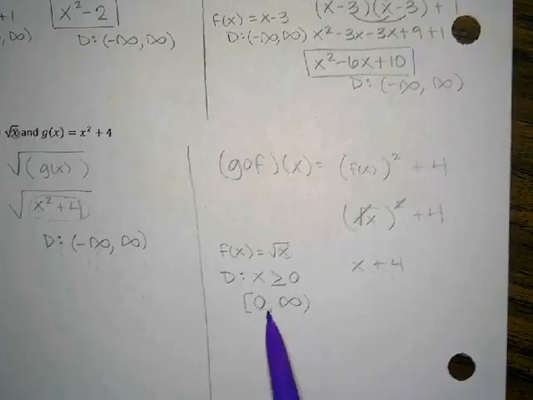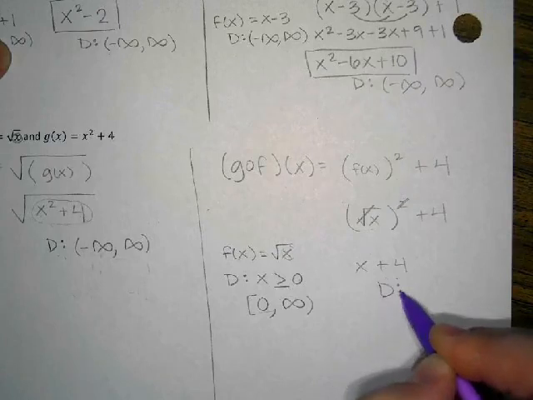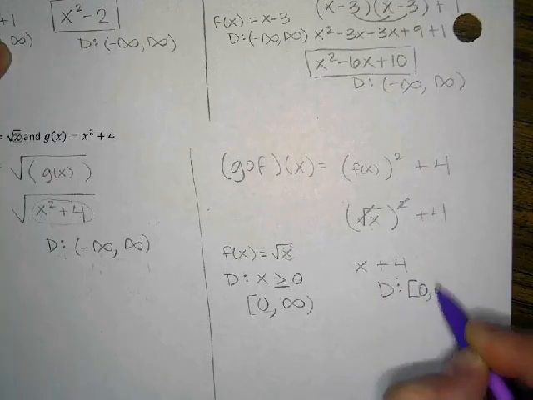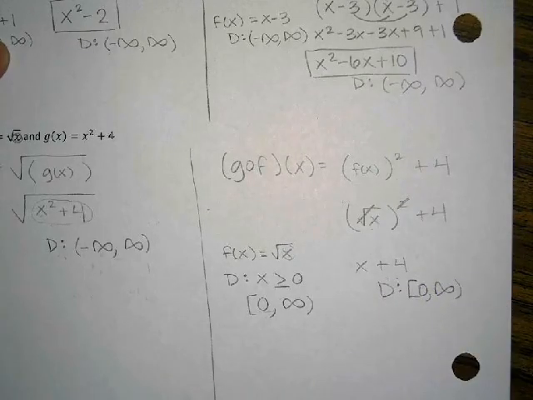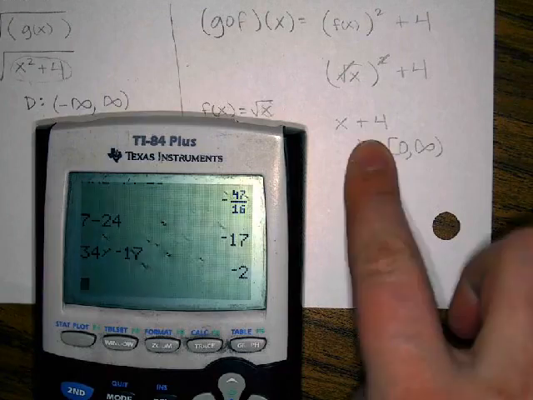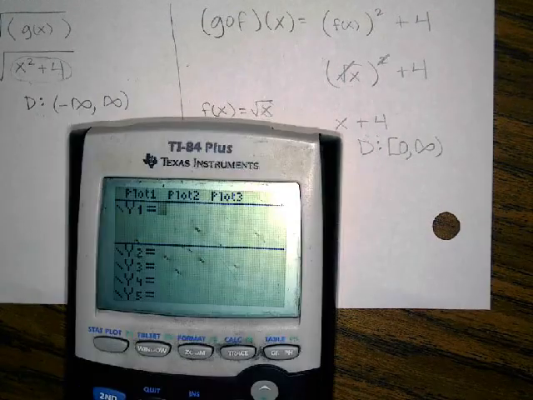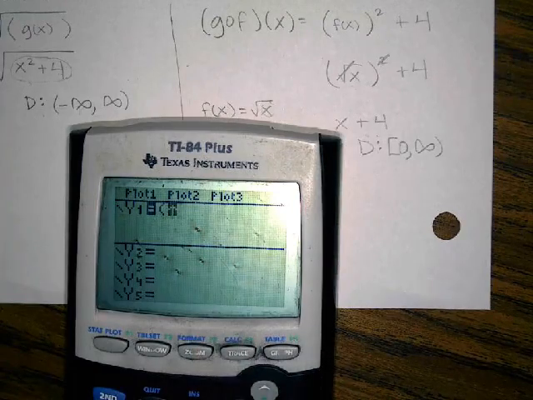In fact, if you actually graph this, you'll be able to see that on the graph. So I'm not going to graph x plus 4 because that was the simplified version. I'm going to graph the square root of x squared plus 4. And if I graph that, you'll be able to see that only 0 to infinity is the part of the graph that's going to be there.